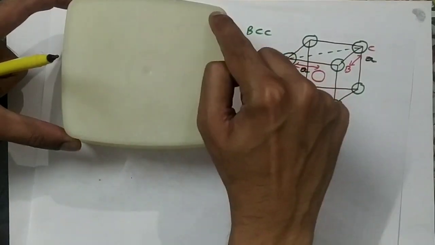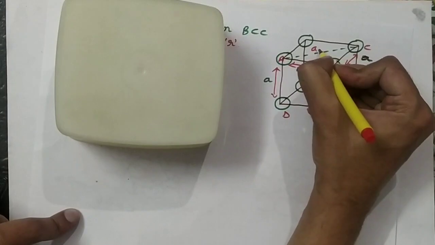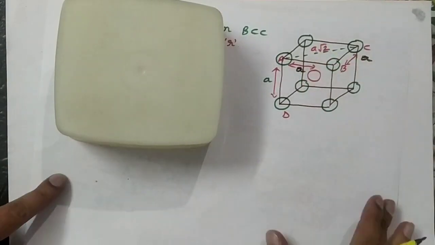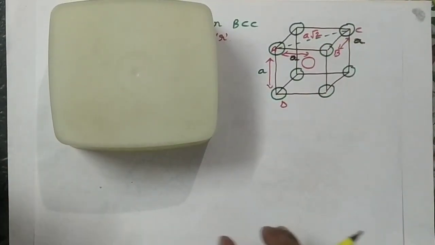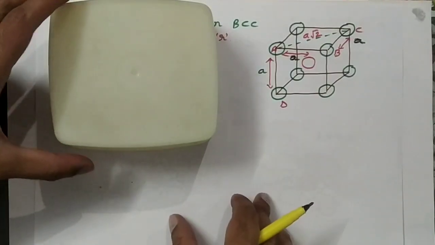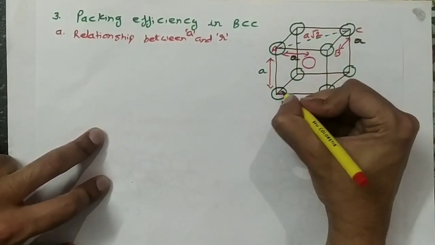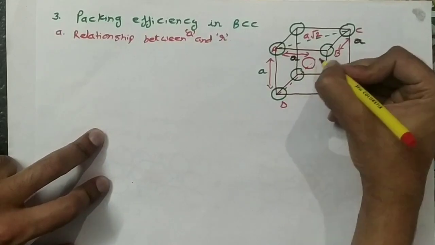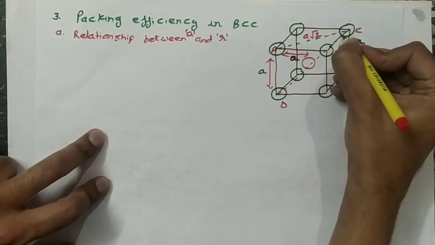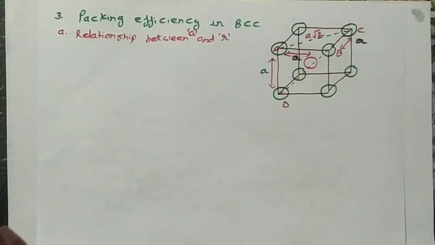If this point is A, this point is B, and this point is C, we have already calculated what is AC. AC is a root 2. This thing we have already calculated in case of face-centered cubic unit cell. Now, concentrate on this part, CD. Imagine, first, which point is CD?